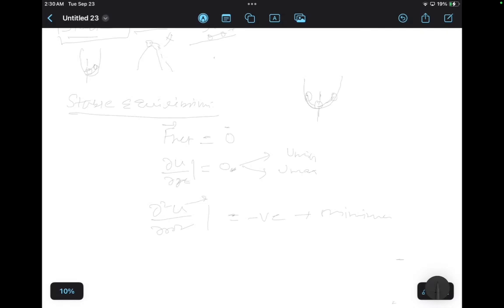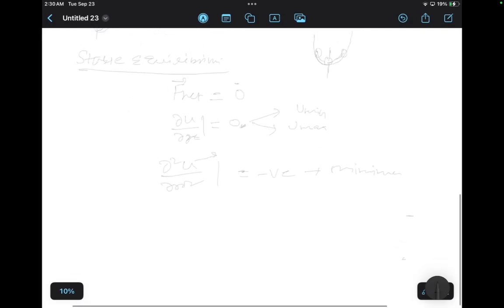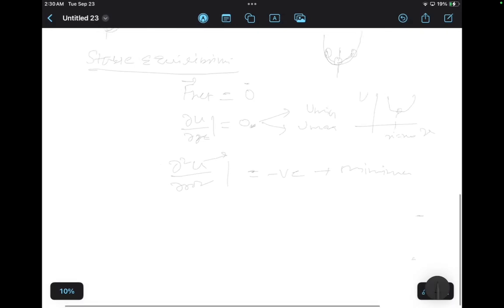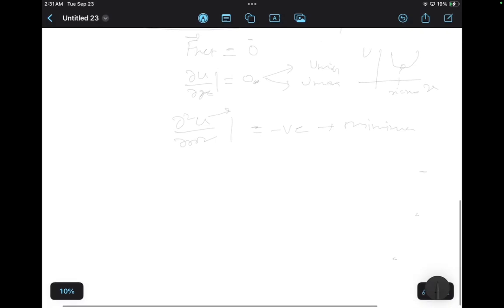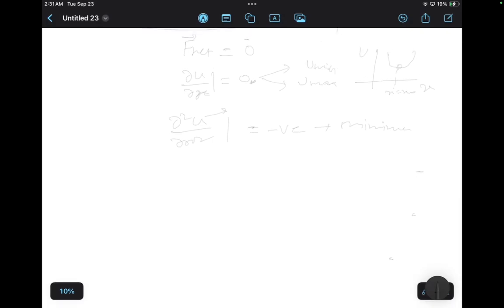We can draw U as a function of x like this, with the minimum at x equal to x naught. Now we are going to learn about simple harmonic motion. At first we have to define one more thing, that is the condition for oscillating motion.